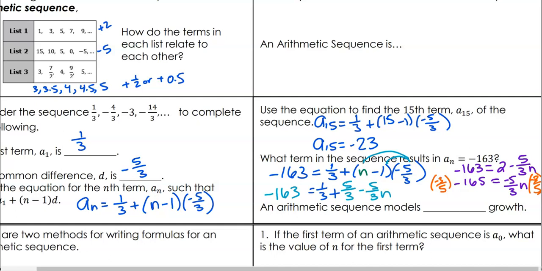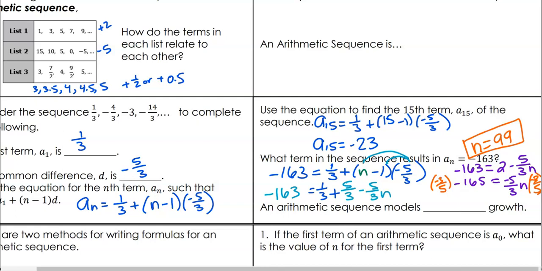So what is negative 3/5 times negative 165? We can't be scared of fractions, guys. It is 99. So it is the 99th term in the sequence.